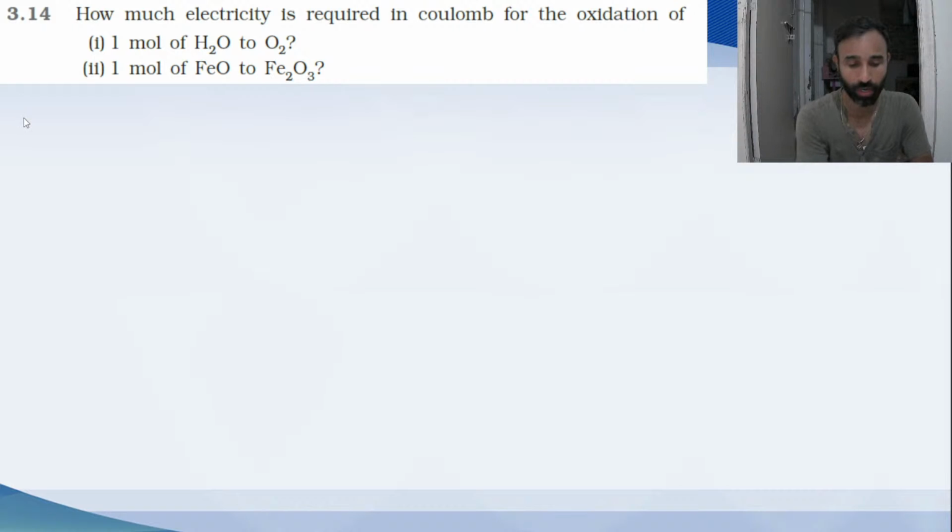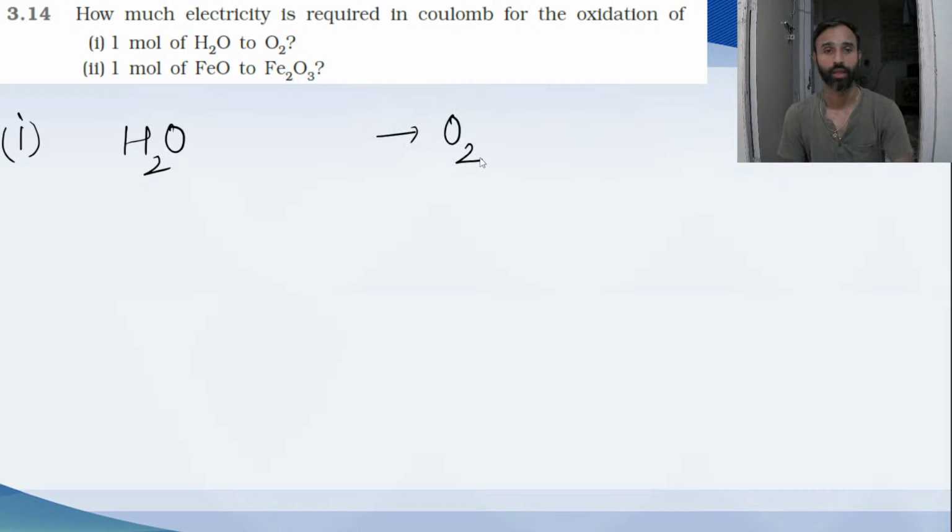So first part, 1 mole of H2O to O2. Just write the balanced equation first. H2O to O2. For 1 mole of H2O to convert into O2, in 1 mole of H2O there is 1 mole of oxygen, and therefore half mole of O2 is produced.